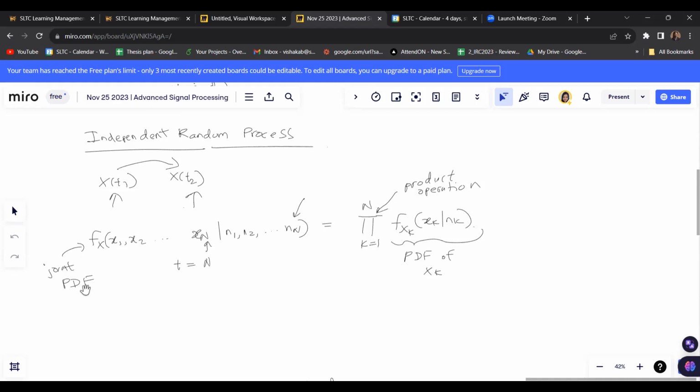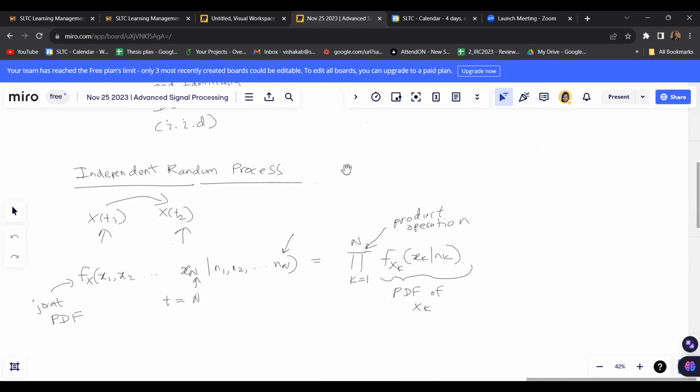So the joint PDF of all the random variables of the random process is equal to the product of each individual probability density function.